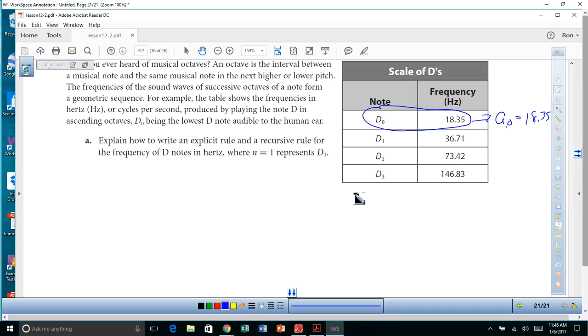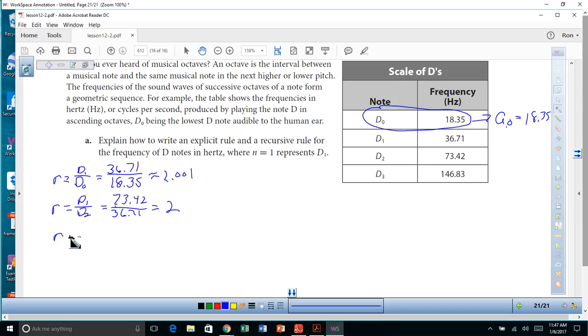Okay. Now we need to find out what R is. So R equals D sub 1 divided by D sub 0, which is 36.71 divided by 18.35. If you put that in the calculator, it's about 2.001. All right, D sub 2 divided by D sub 1, that's going to be 73.42 divided by 36.71, which is 2.